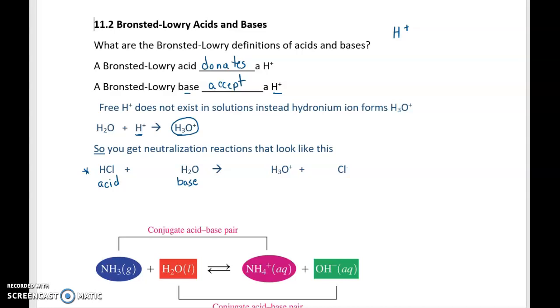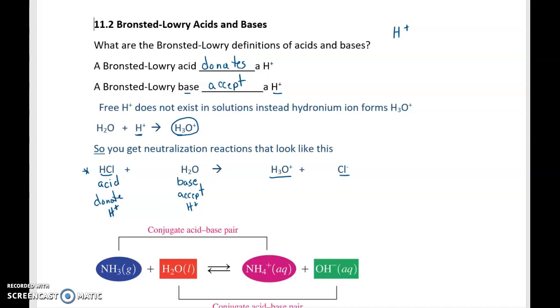So the acid is going to donate a hydrogen ion, and the base will accept. So when water accepts a hydrogen, it becomes this hydronium. And when the acid donates, we get this chloride ion.